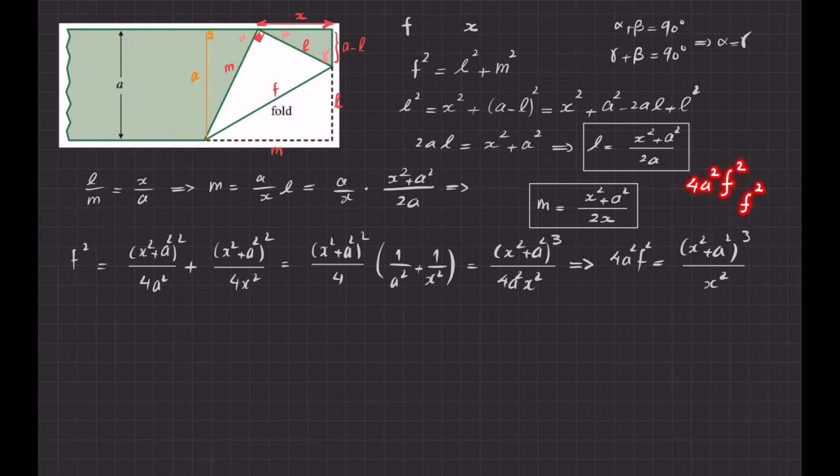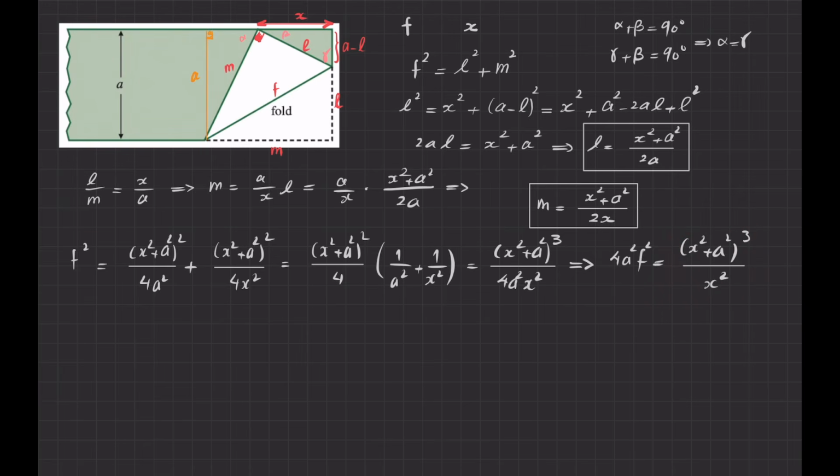Minimizer of f squared is also the same as minimizer of f. So my point is that in order to find the minimizer, you can just find the minimizer of this function, which is simply this one. But for finding the minimum value after you found the minimizer, you have to be careful, so we will do it later. But hopefully I could convince you that in order to find the minimizer, I can work on this function.